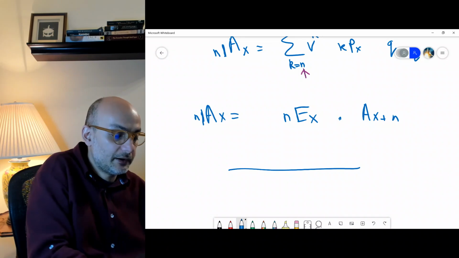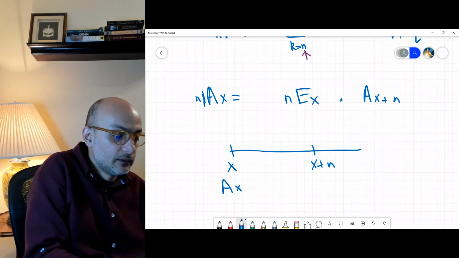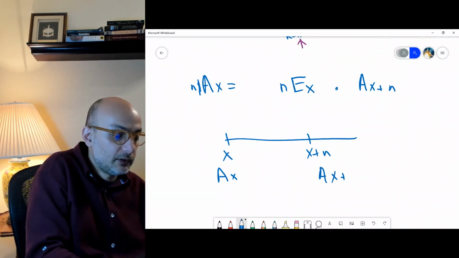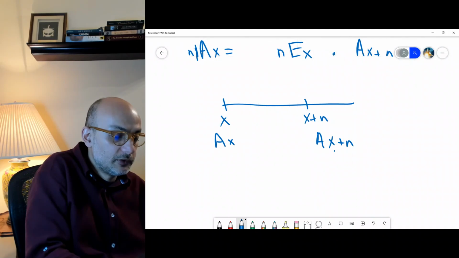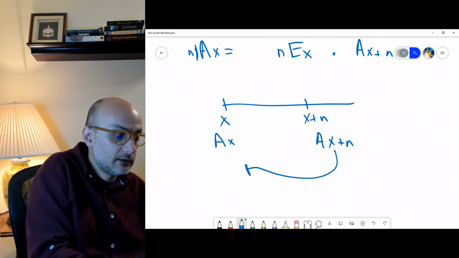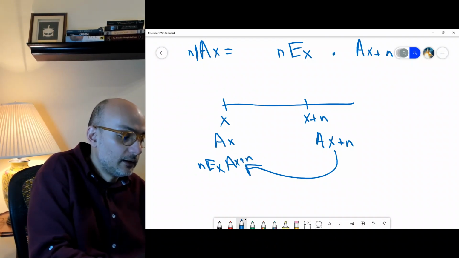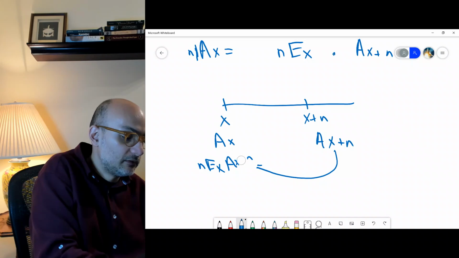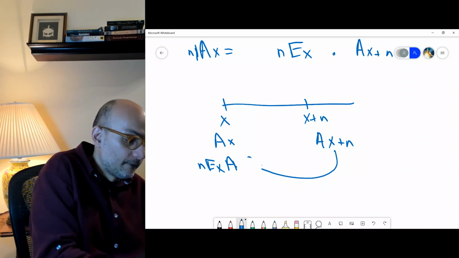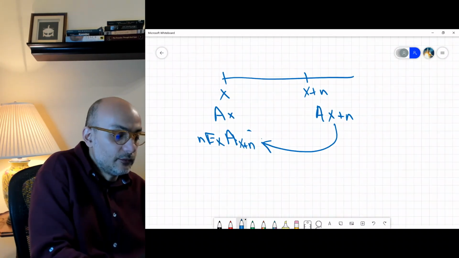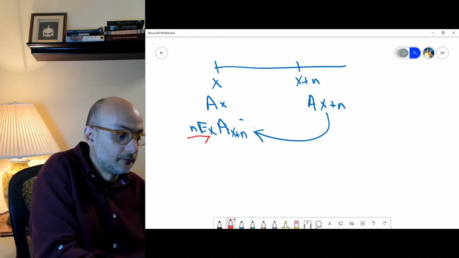So if you are at x, you have x plus n, you have A x, and you have A x plus n. If you want to bring this one here, it becomes n E x times A x plus n. Oh, sorry, let me fix it here. And why is this the discounting factor?